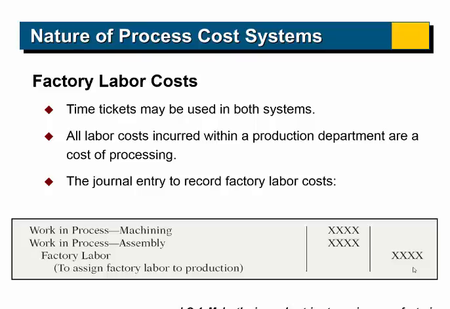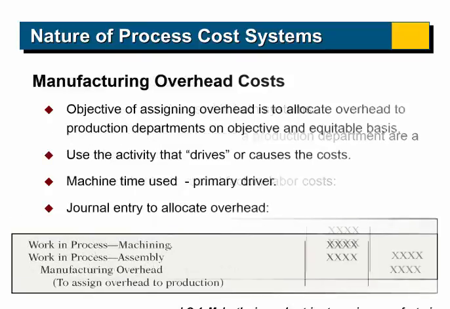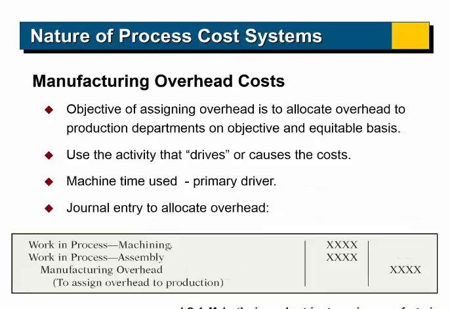In essence, we're divvying it up into the distinctive WIP departments. So much goes to the machining department, so much goes to the assembly department based on the time and the rates of those workers.